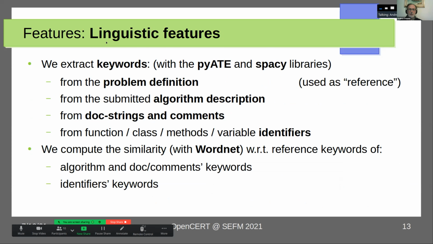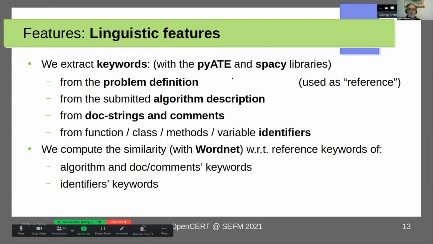So let's look at the linguistic part. We are not yet able to understand in the proper way the meaning of what is written in the text, and so we start with a simplistic approach. We extract keywords from the text.